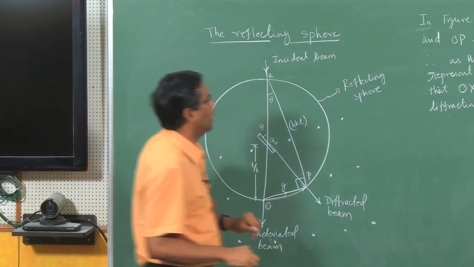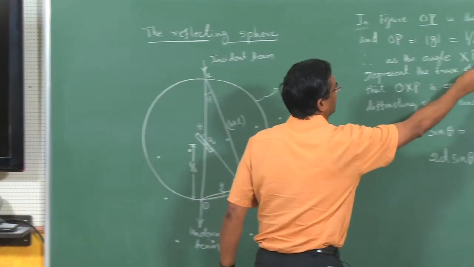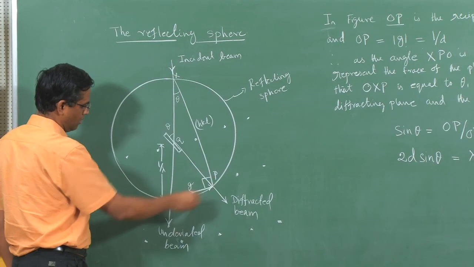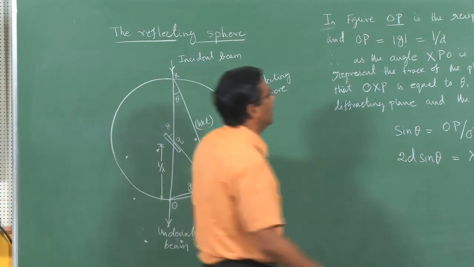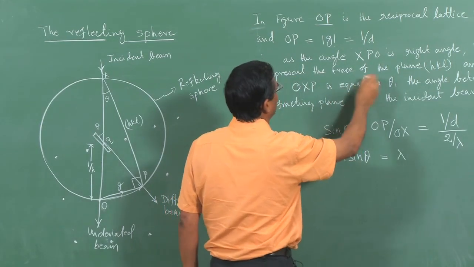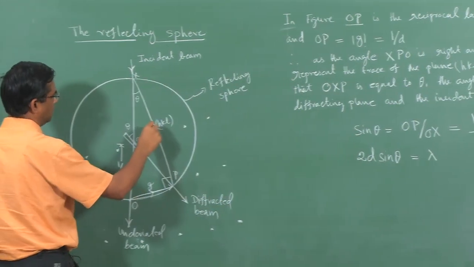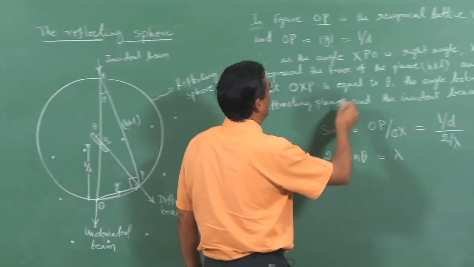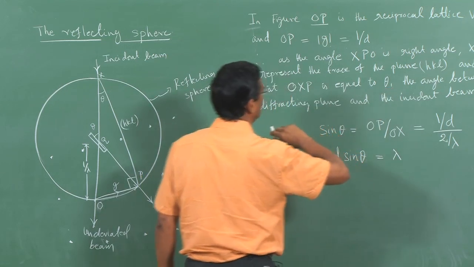And if you look at the angle XPO, it is a right angle here. XP must represent the trace of the plane HKL, and it follows that angle OXP is equal to theta.